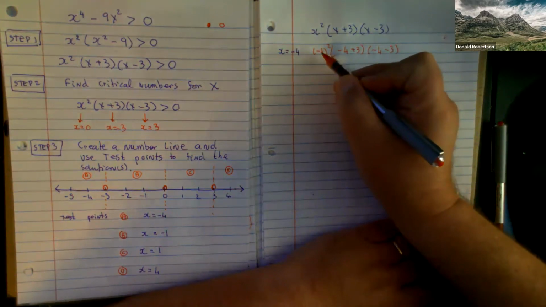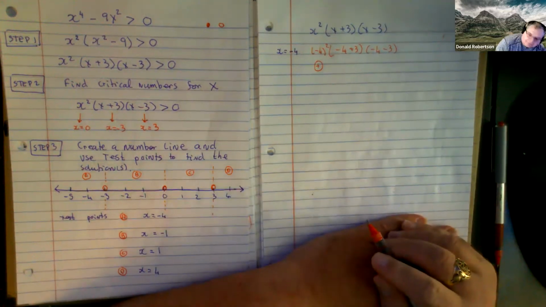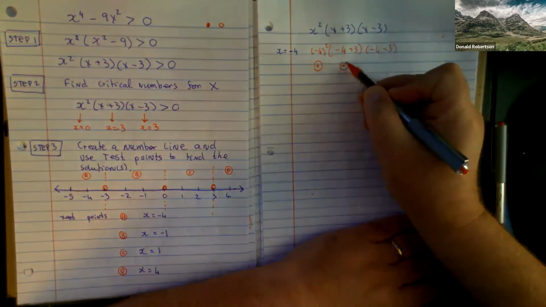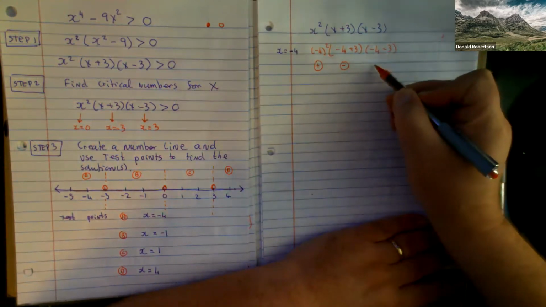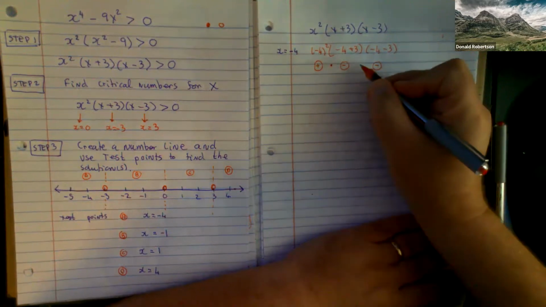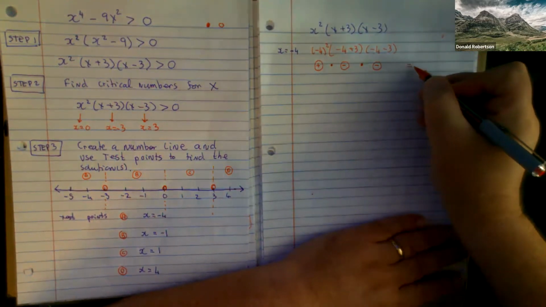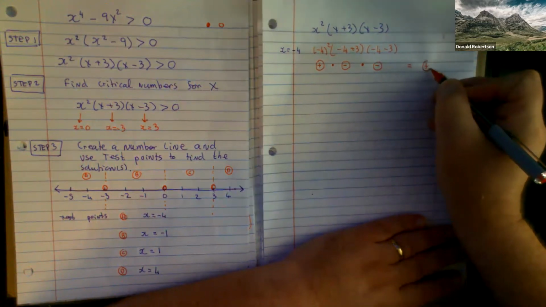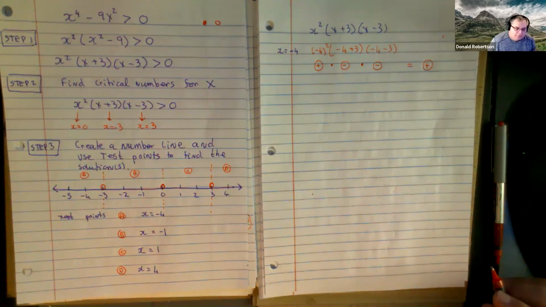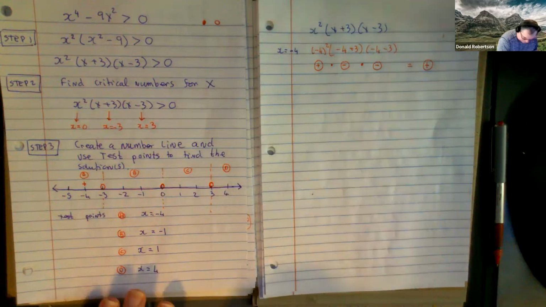If you take the number -4 and you square it, the answer is positive. If you take -4 and add 3, you get -1. If you take -4 and take away 3, you get -7. And if you multiply a positive thing with a negative thing with another negative thing, the answer that you get is positive. Good. So I'm going to put a little plus there.